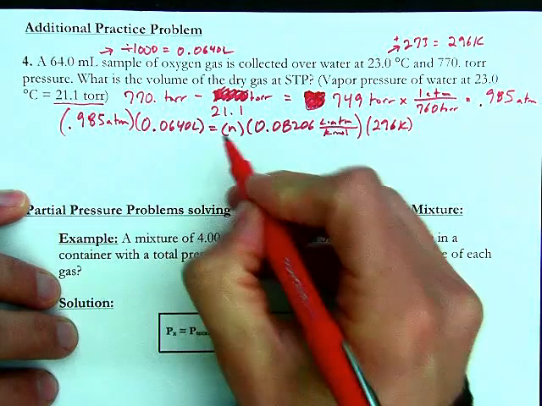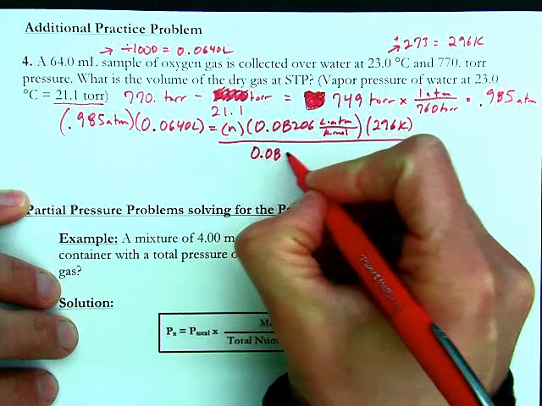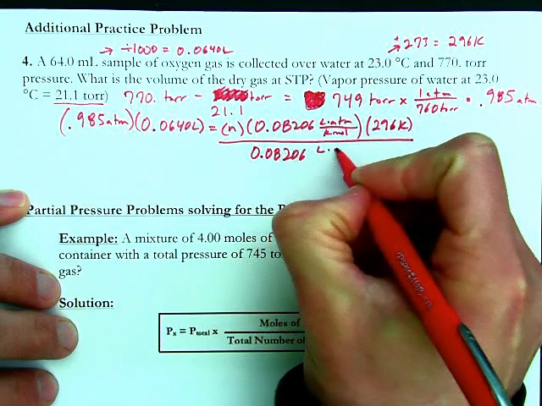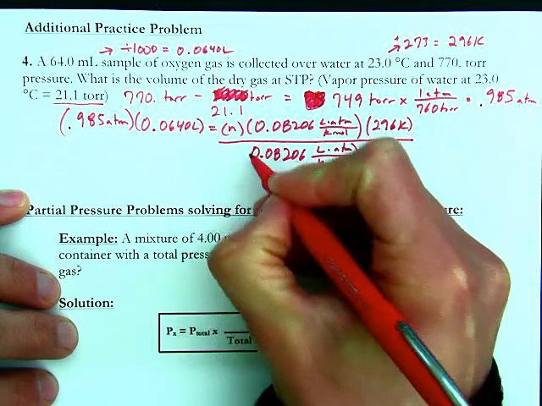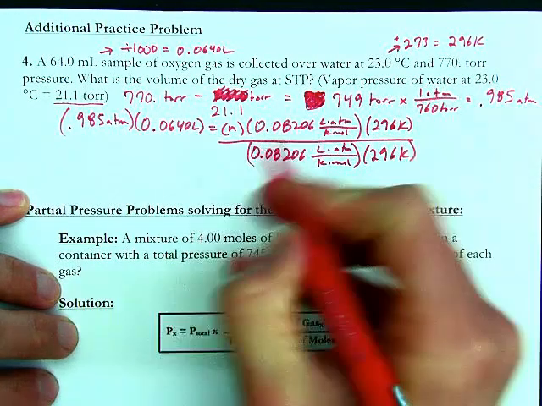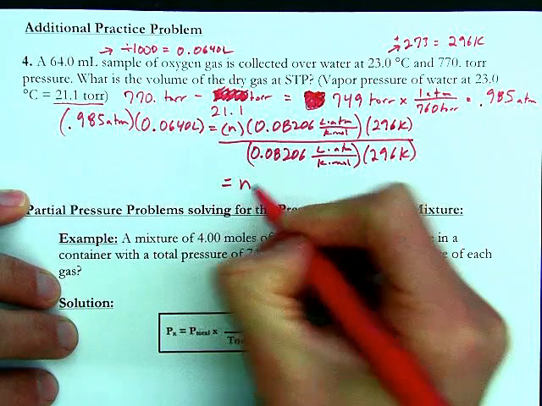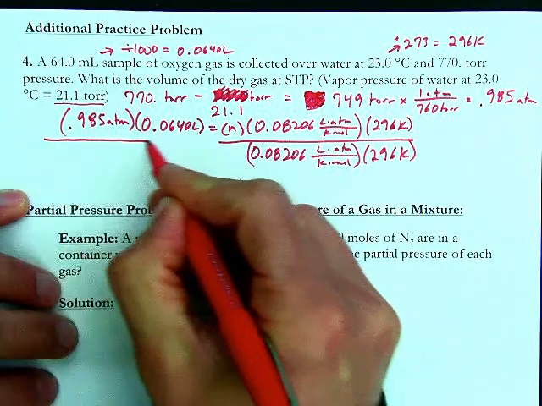So we solve for N. We're going to divide by RT. So we're dividing by 0.08206 over Kelvin mole times 296 Kelvin. That will leave us with N on one side, which is going to be in moles. Whatever we do to one side, we do to the other.